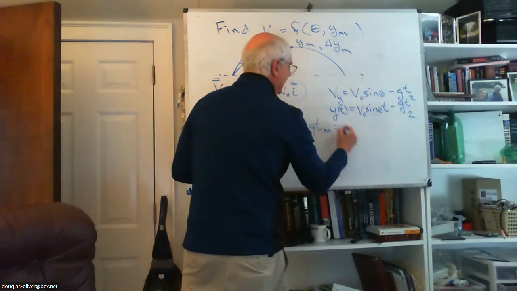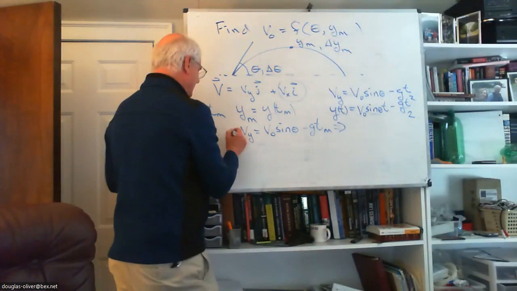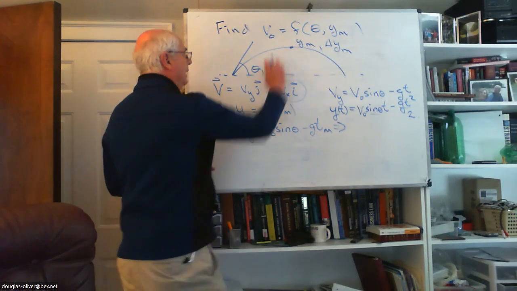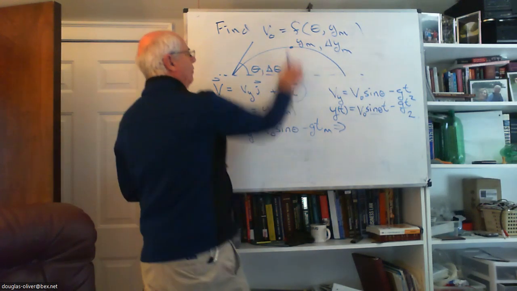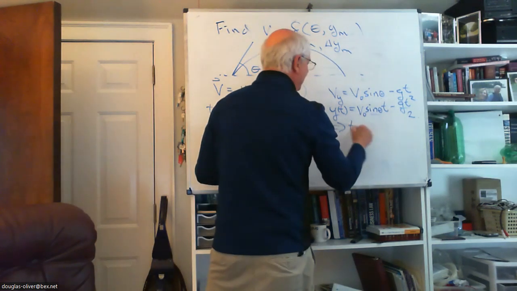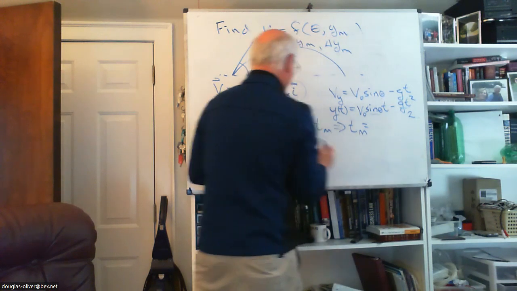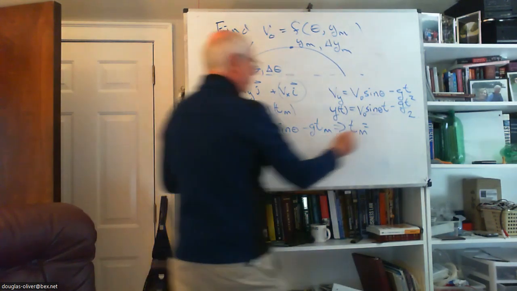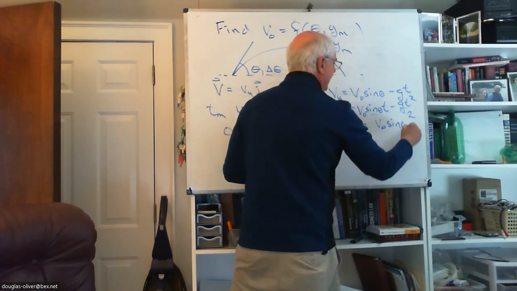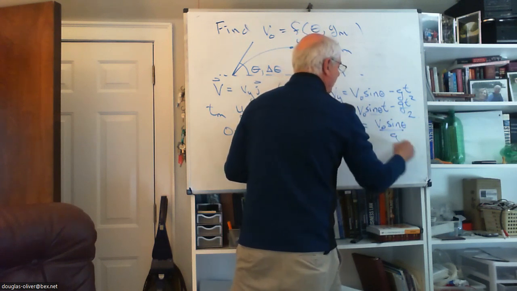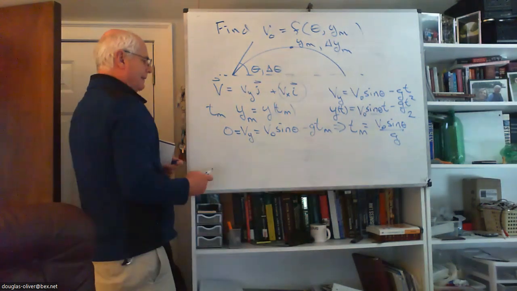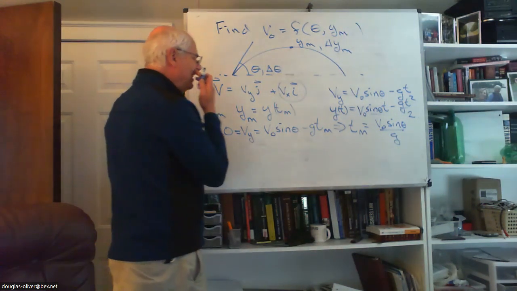Setting this to 0, we get Tm equal to v0 sine theta over g. Check out the units on that, and you'll see that's in seconds. Okay, so we have Tm.